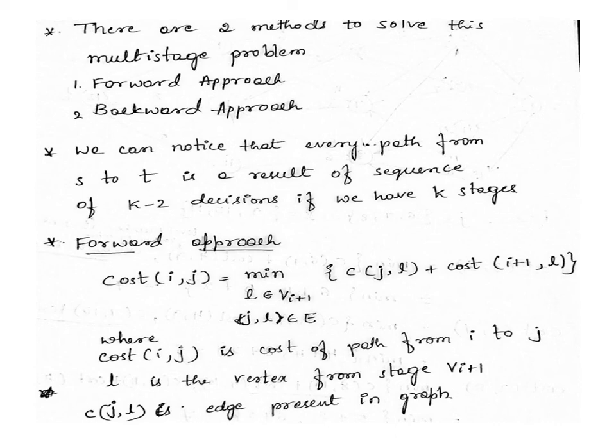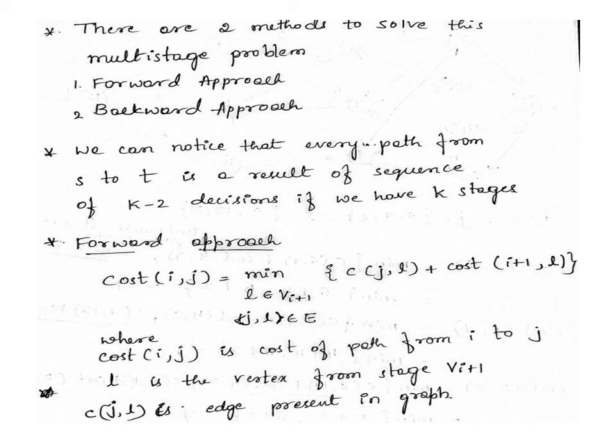The forward approach is this: cost(i, j) equals the minimum of c(j, l) plus cost(i+1, l), where l belongs to Vi+1, that is, l is a vertex from stage Vi+1, and (j, l) is an edge present in the graph.